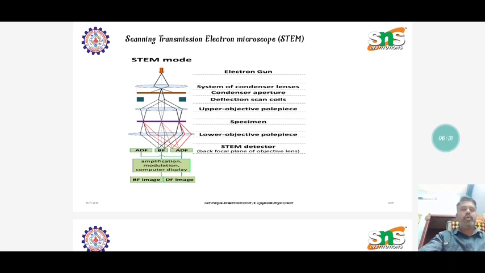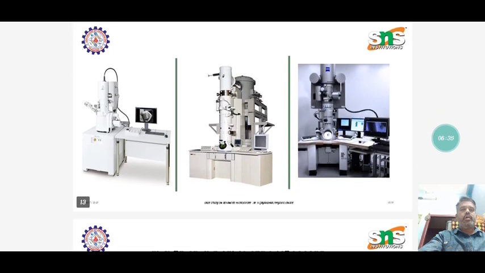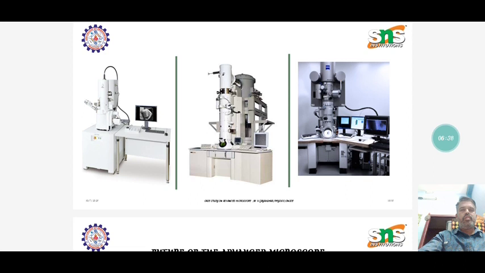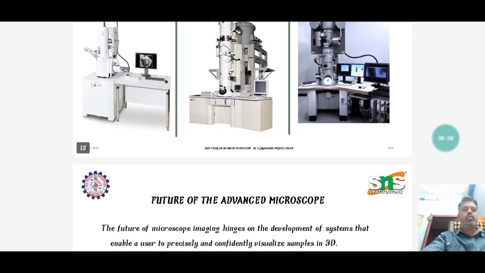The STEM is also formed in the same category. These three pictures show instruments in the lab. The first one is the SEM, the second one is the TEM, and the third one is the STEM. So these three are the devices in the three categories of electron microscopes.